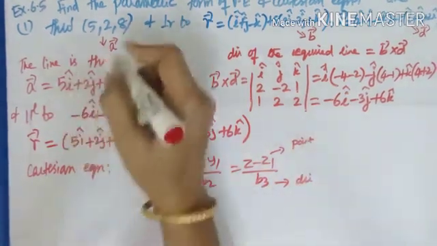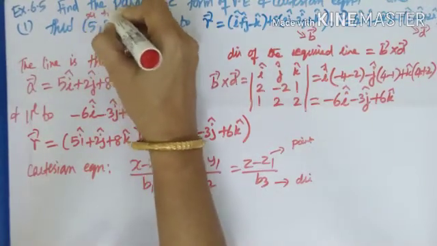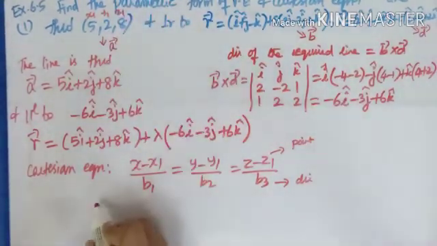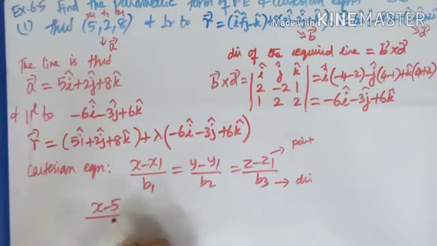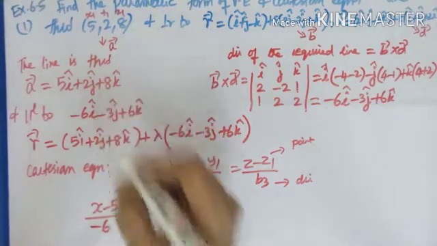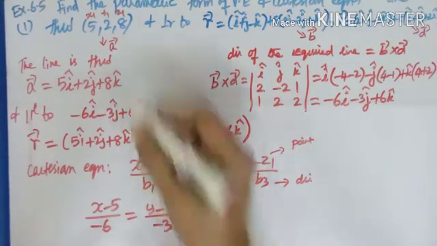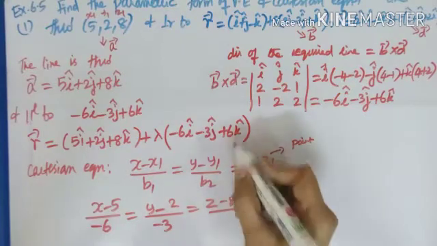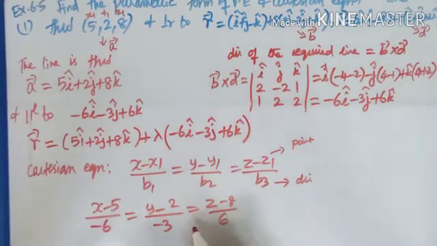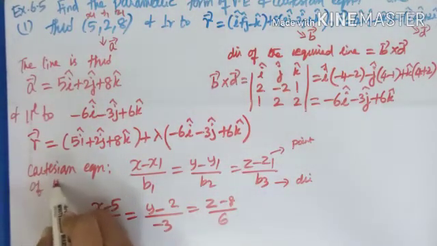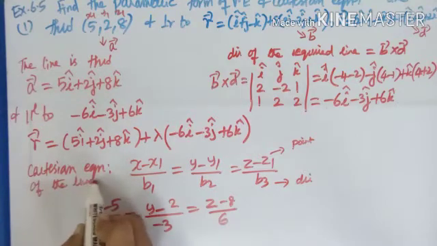So this only we call x1, y1, z1. So how do I write it? X minus 5 by direction minus 6. Y minus 2 by direction minus 3. Z minus 8 by the direction 6. So this is the Cartesian equation of the line.